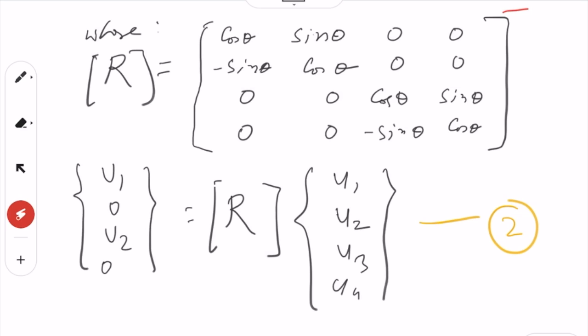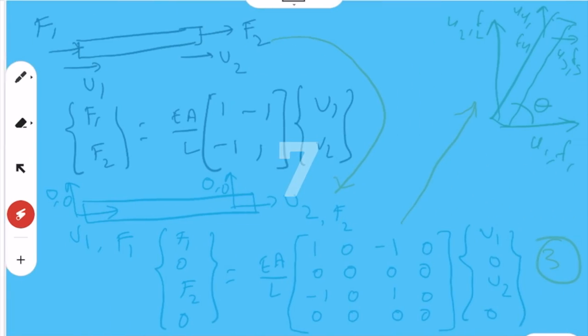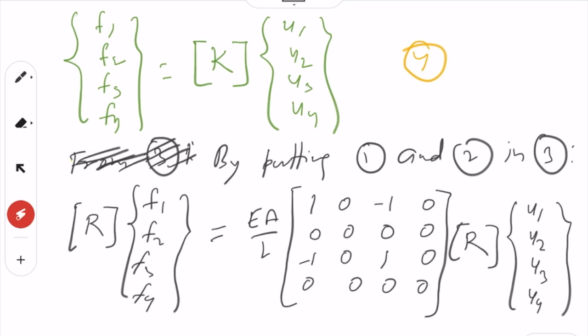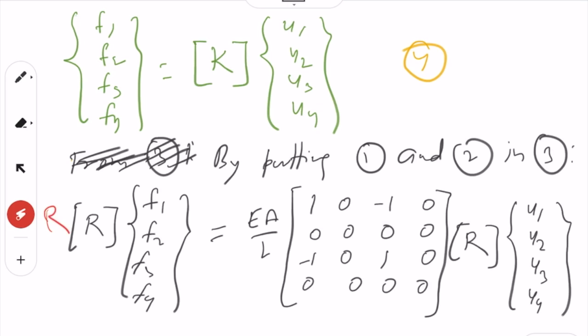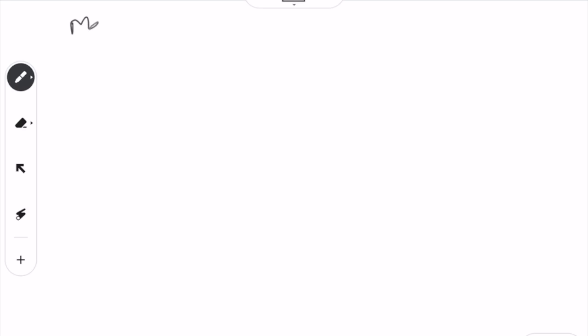If you transpose this one, then also we should be able to get something, meaning that we will try if we have R transpose here and R transpose here, whether R transpose R will make it identity matrix or not. I am arguing that maybe R inverse equals R transpose.